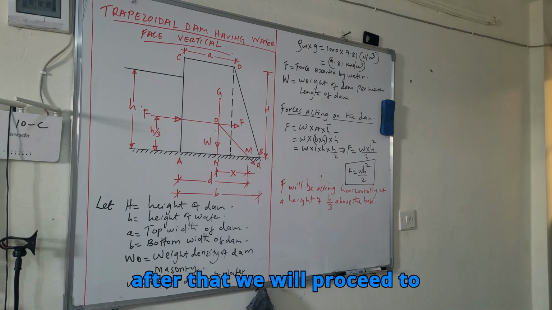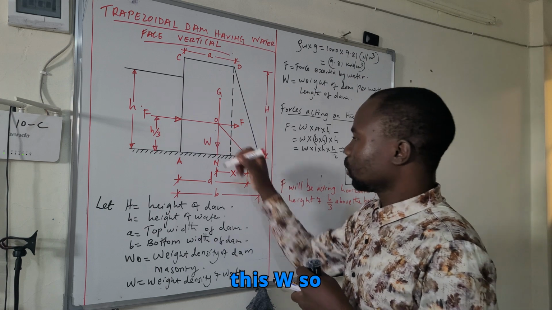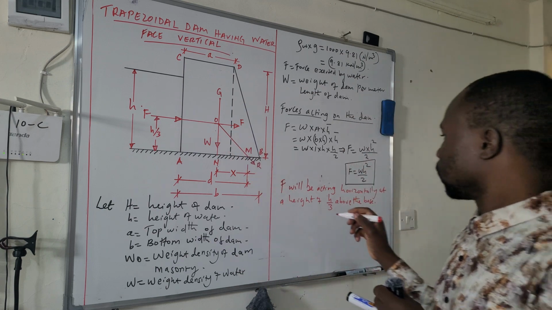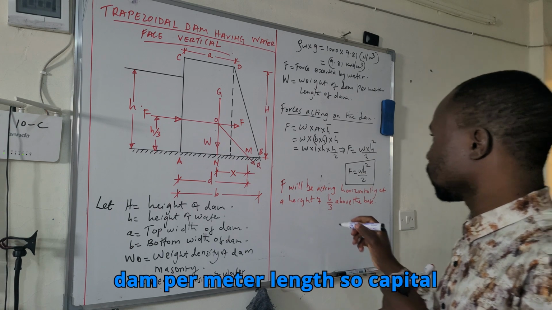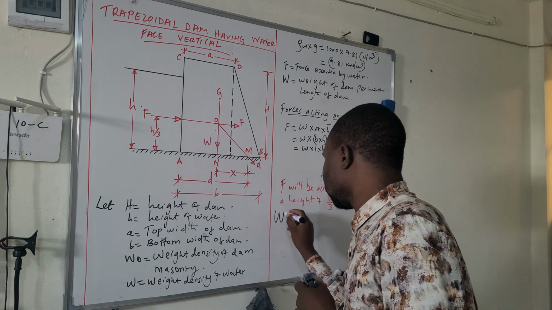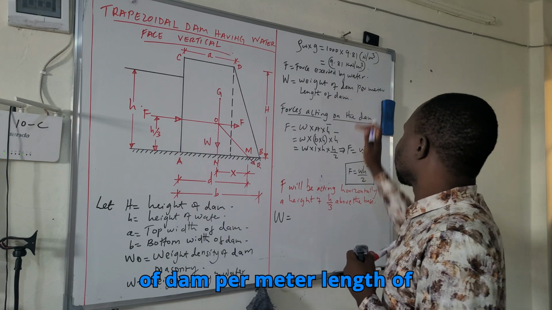After that, we will proceed to this W. So W is the weight of dam per meter length of dam.